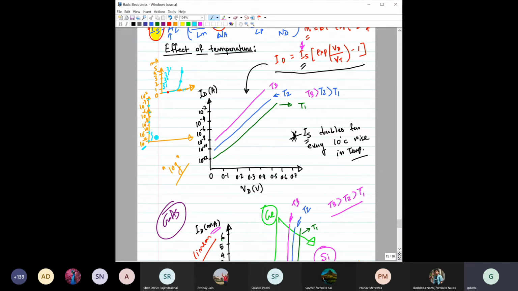But there, it is 100 times each step. So it is changing in a GP fashion, right? Yes, sir, it's getting multiplied. Right, it's getting multiplied. So this scale is called the log scale representation.